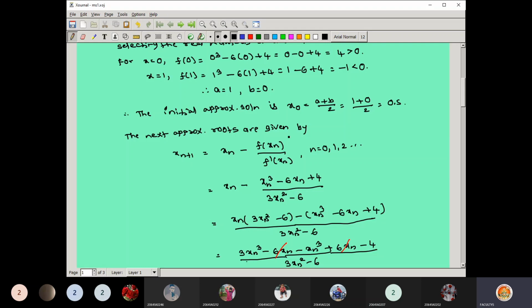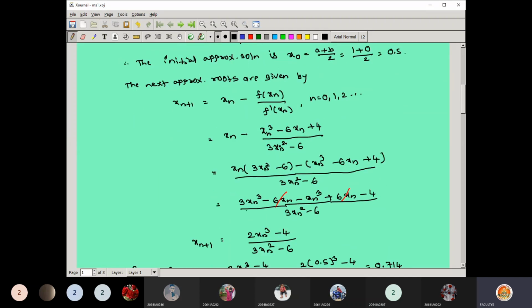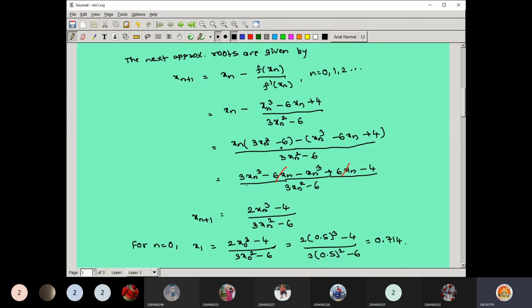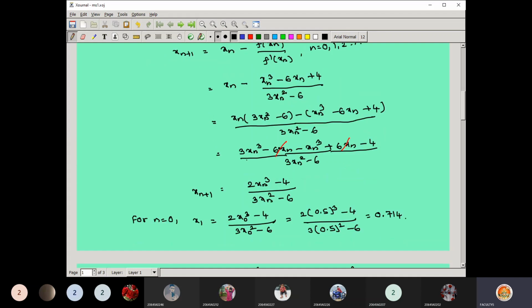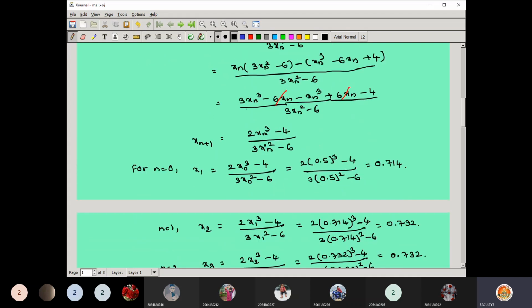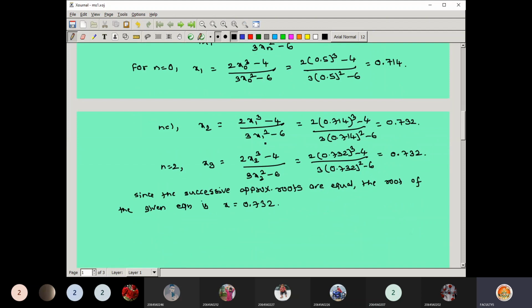F dash of x n means find out first f dash, the derivative of your given expression, and x is replaced by x n, and just you do the simplification. On that simplification you are substituting n equal to 0, 1, 2 and so on, and you can repeat the process till you get successive roots equal.